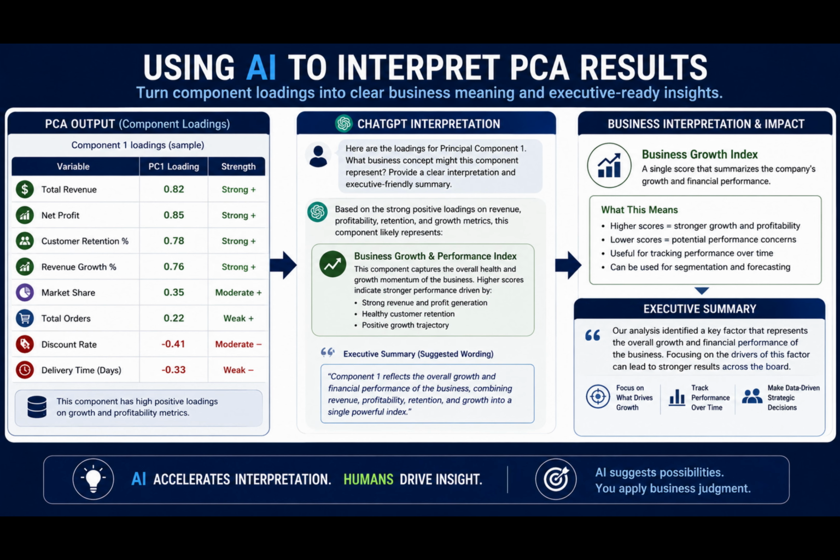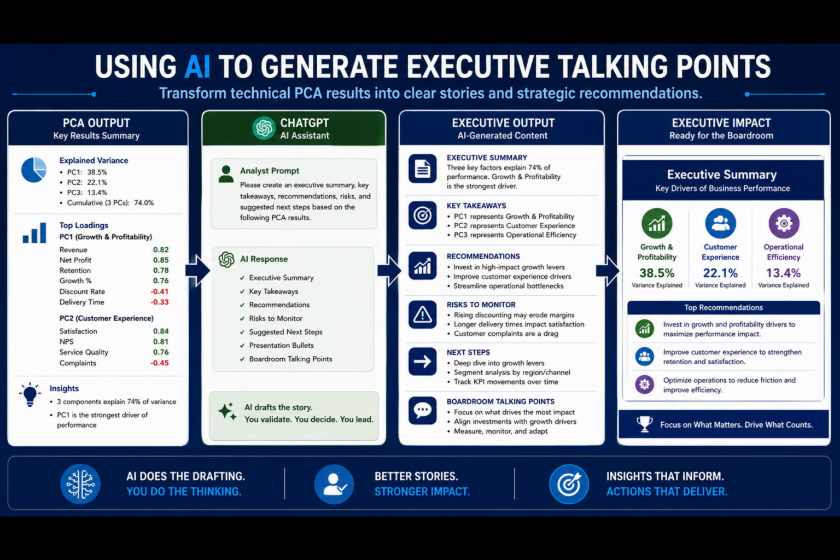And once AI understands the results, it can also help generate executive-ready talking points and presentations. Using AI to generate executive talking points. Once PCA results have been interpreted, AI can help transform technical findings into executive-ready communication.